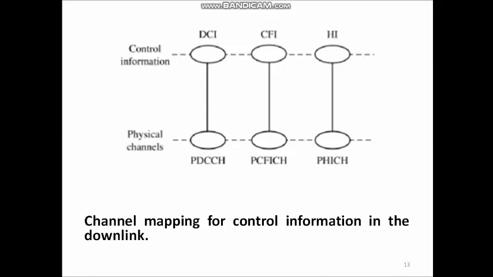CFI, control format indicator, is mapped to the physical control format indicator channel, PCFICH. And HARQ indicator HI is mapped to the physical hybrid ARQ indicator channel, PHICH. So, thus there is a specific physical channel for each type of control information.